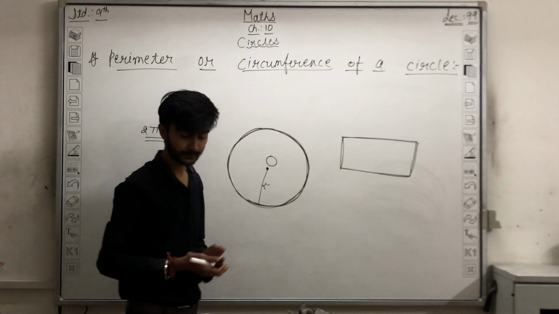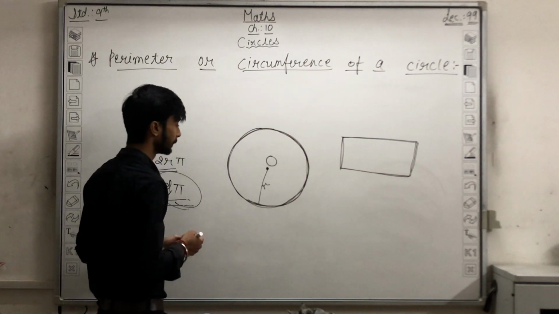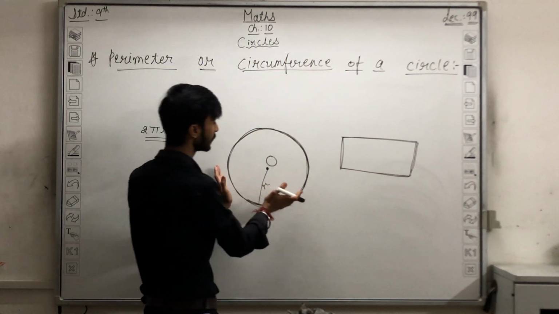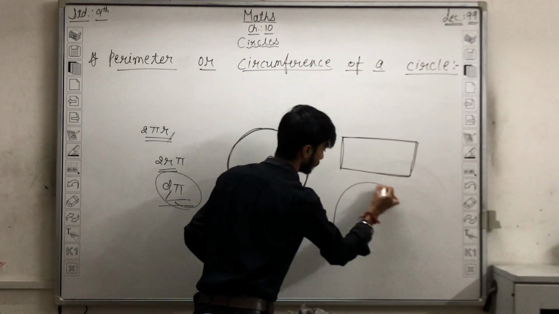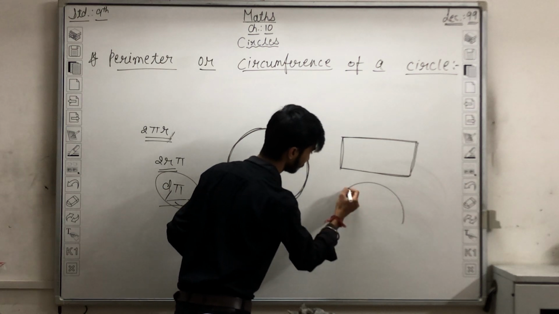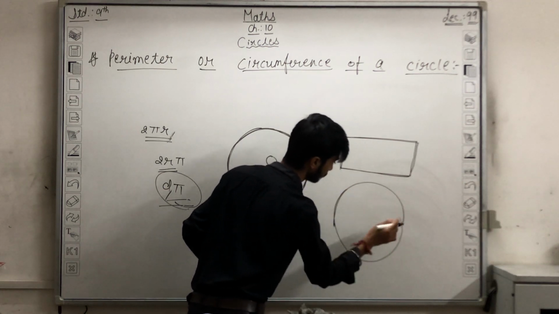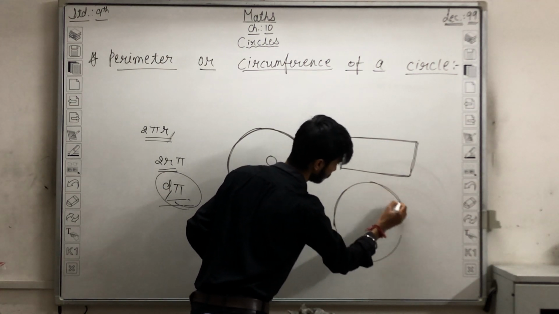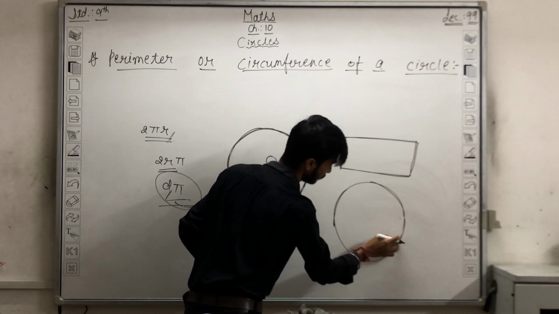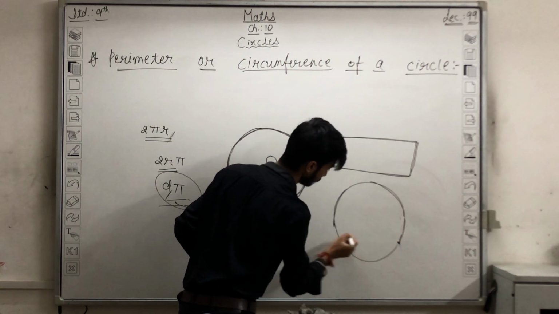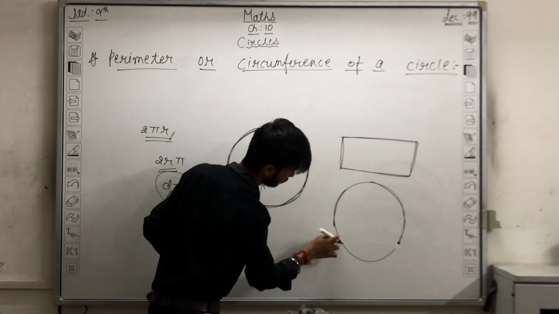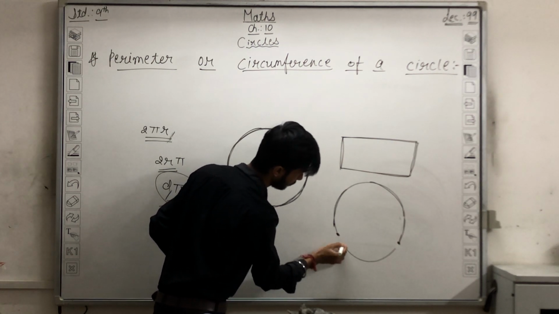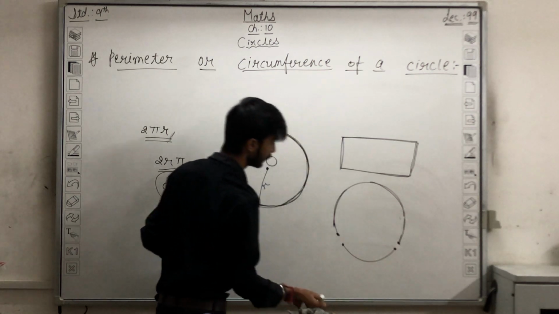Now, the major and minor arc. Suppose we divide this circle in two parts, upper side and lower.